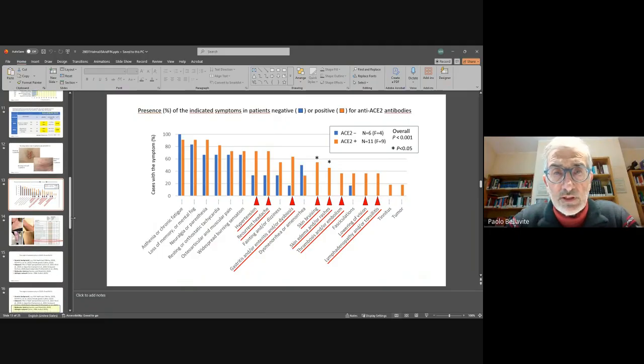You see the difference between the orange bars and the blue bars. For some symptoms, only ACE2 positive patients were present. The next, please.